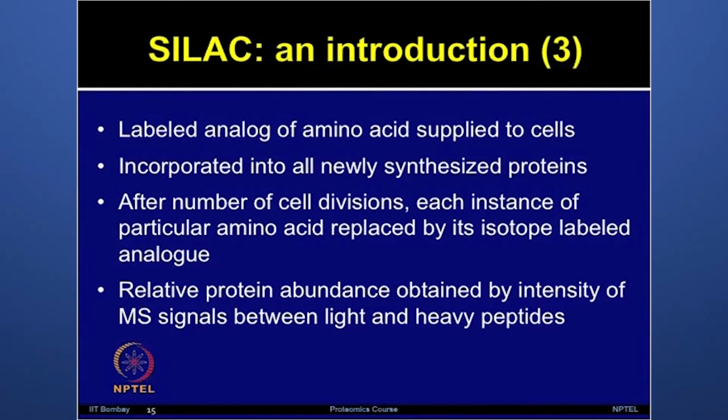After a number of cell divisions, each instance of a particular amino acid is replaced by its isotope labeled analog, and finally, the mass spec can be used for determining the relative protein abundance by the intensity of the light and the heavy peptides.